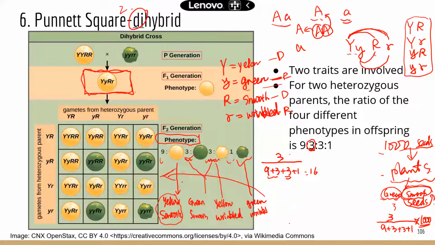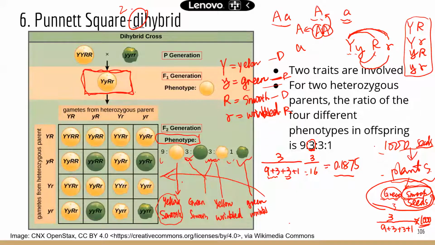That makes sense, right? You have a total of 16 squares, and 3 of the squares are plants with 1 dominant trait, 1 recessive trait. So basically, the proportion of this particular group of plants is going to be 3 divided by the total of 16 squares, and you can calculate that number. This is 0.1875.